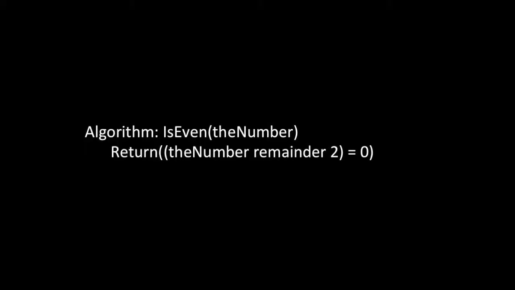If it's 0, then the number modulo 2 equals 0 will be true, and otherwise it's false, and that's what I'll return. Now, just one note. In my pseudocode, I've used a single equal sign to indicate test for equality.